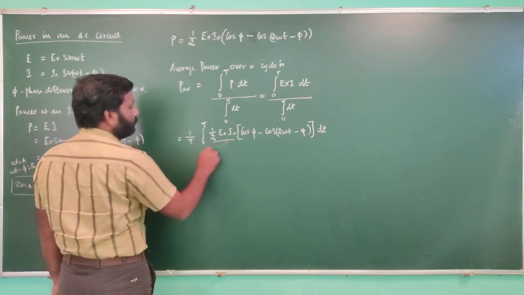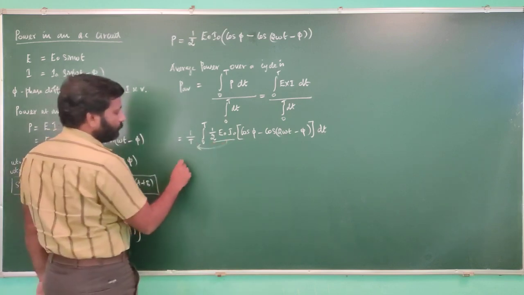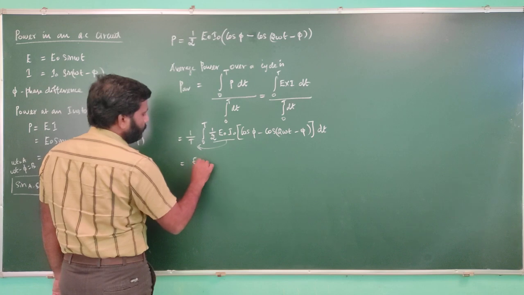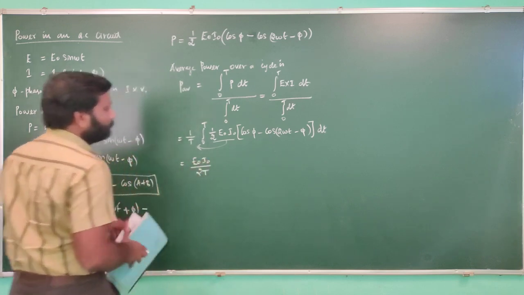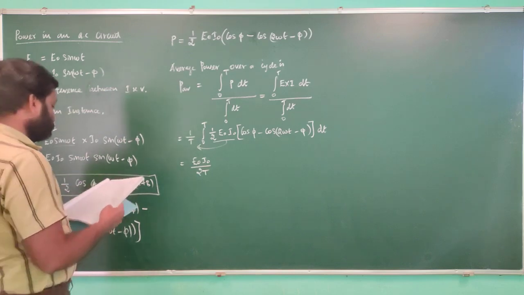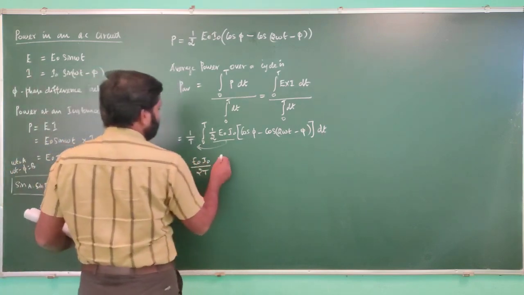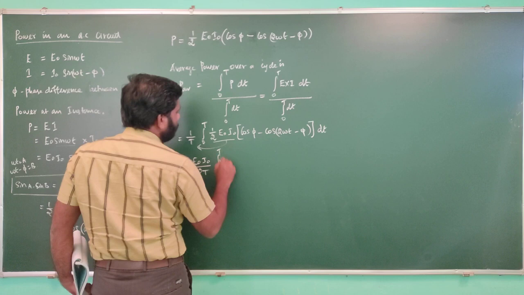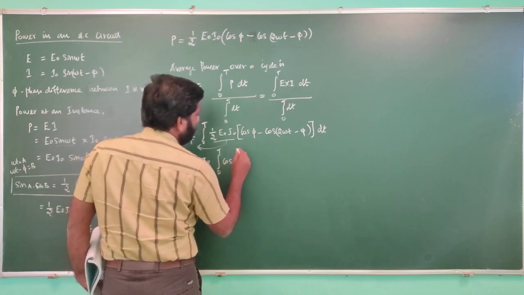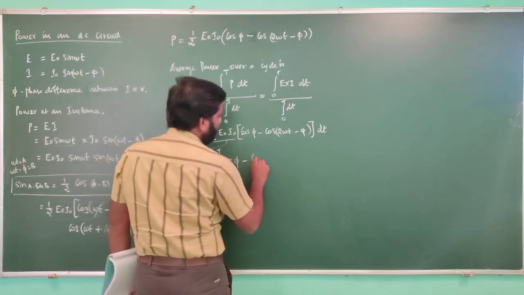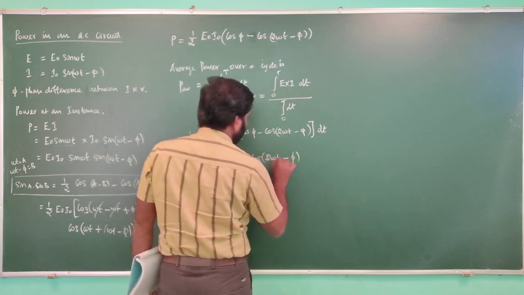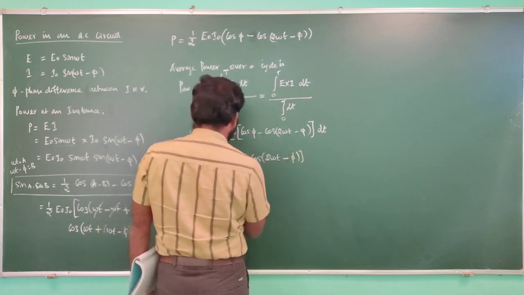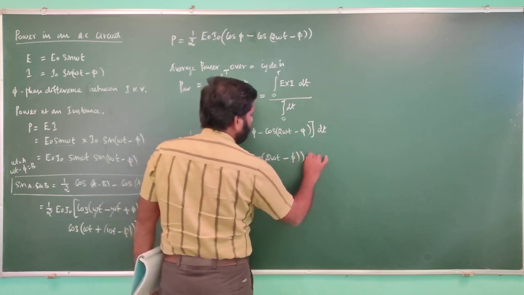We can take the constant term out, so that E naught I naught by 2T times the integral from 0 to T of cos pi minus cos 2 omega t minus pi, dt.